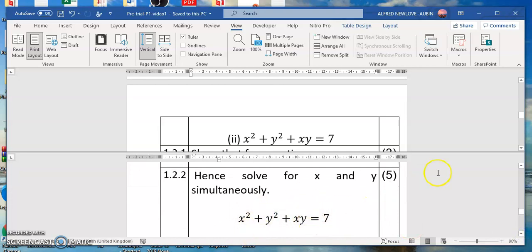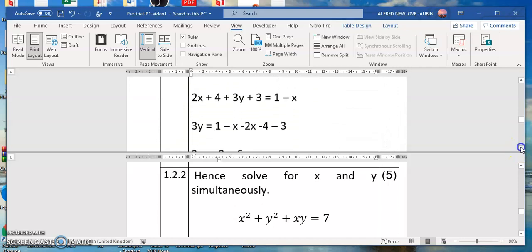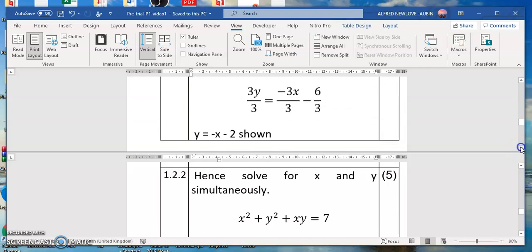So what does it mean? These are the 2 equations that we are going to consider. If I see y, I'm going to substitute minus x minus 2.